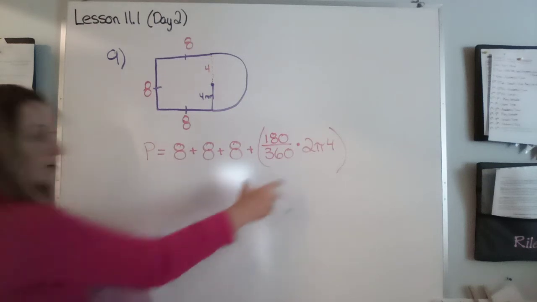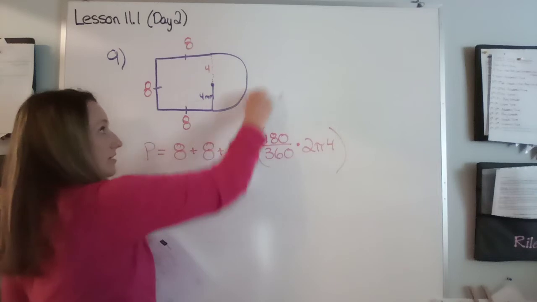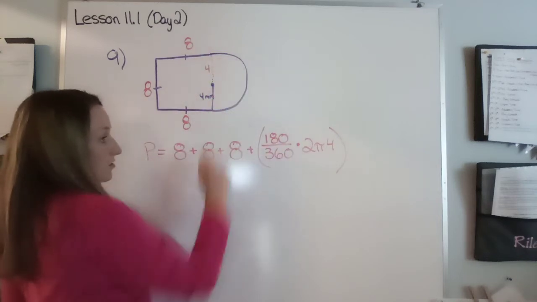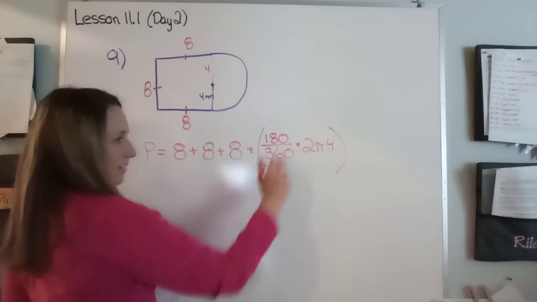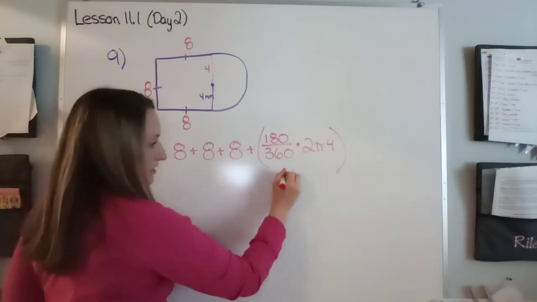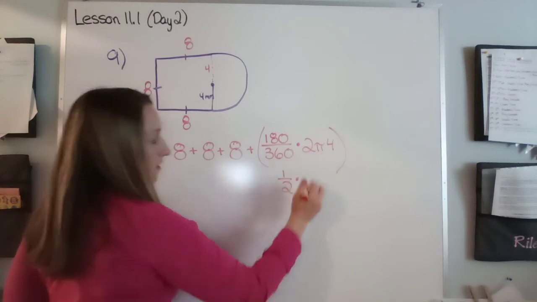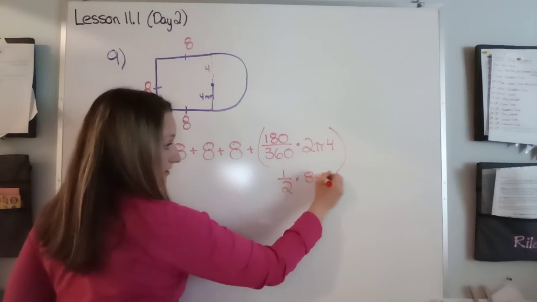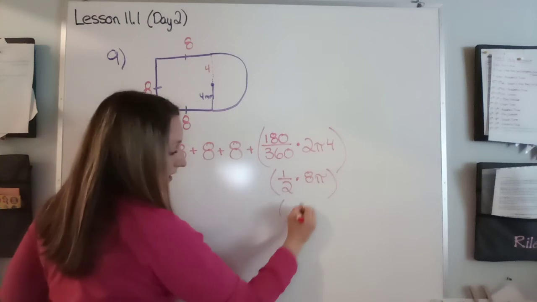So what I have in parentheses here will give me the length of the arc right here, the semicircle. 180 over 360, because it's half a circle, times 2 pi r. So let's clean that up first. 180 over 360 simplifies to 1/2. Times 2 pi r, or 2 pi times 4 is 8 pi. Half of 8 pi is 4 pi.